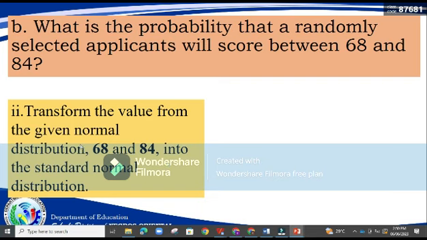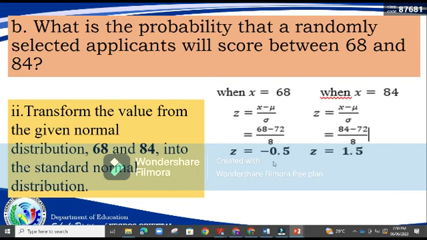Now, transform the values from the given normal distribution, 68 and 84, into the standard normal distribution. So when x is equal to 68, z is equal to x minus mean over the standard deviation. 68 minus 72, over 8. Z is equal to negative 0.5. So our z-score is negative 0.5.